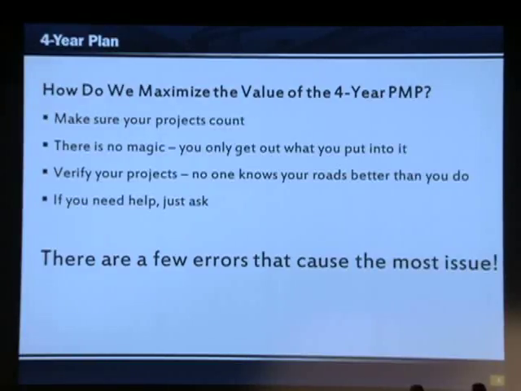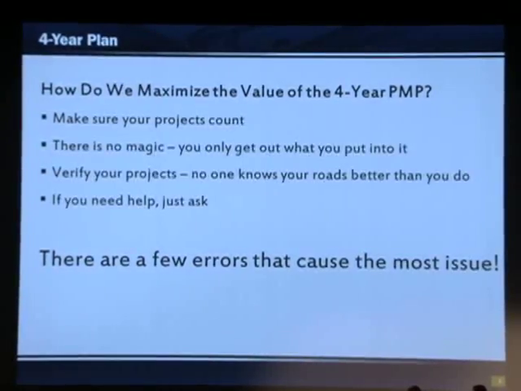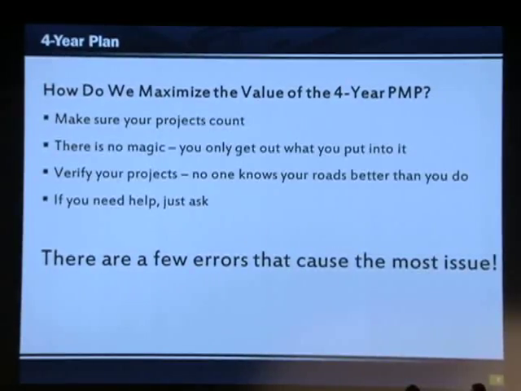So in order to maximize the value of this project, we have to make sure that the information about it is correct. And I will repeat this several times, but if you need help in getting accurate information into any of these source systems, call me.